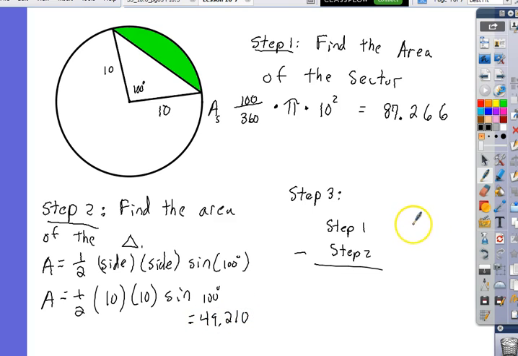All right, so now I just put in step 1, which was 87.266, and step 2, which is 49.240, and I subtract, and it looks like 6 minus 0 is 6, 6 minus 4 is 2, 2 minus 2 is 0, and then 87 minus 49 would be 38. So it looks like 38.0 is my rounded off answer.